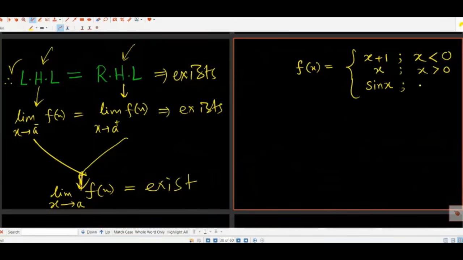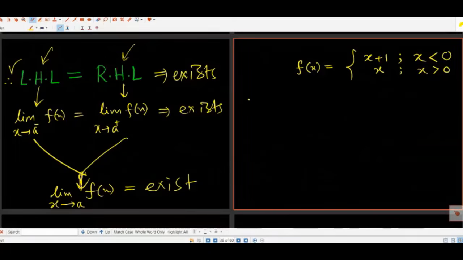And the third one is for x equals 0. So we have a piecewise function. For simplicity, let's say we have only 2 parts for now. It will be easier for you to understand. So we have a piecewise function that is defined for x less than 0 or x greater than 0.